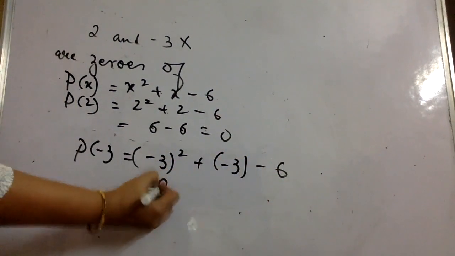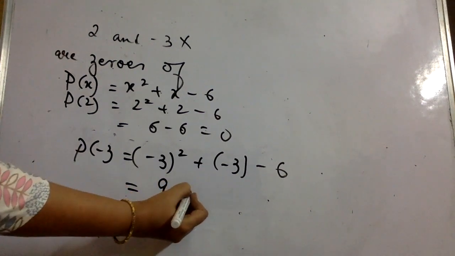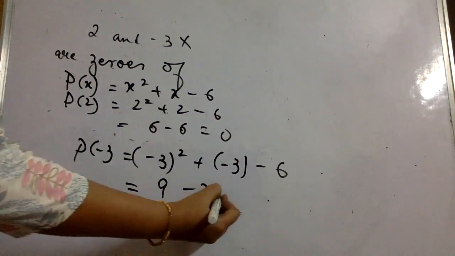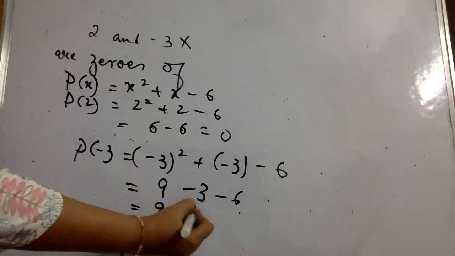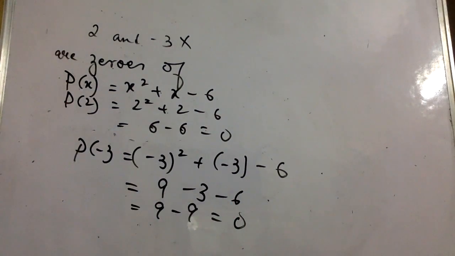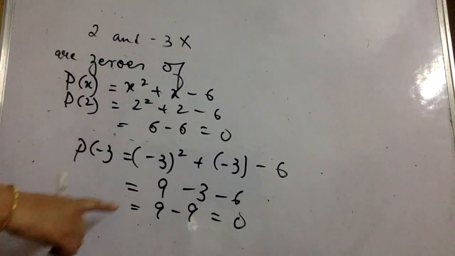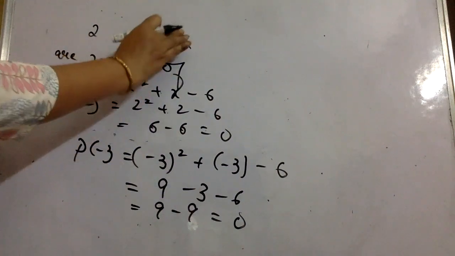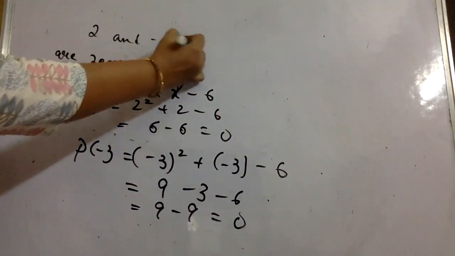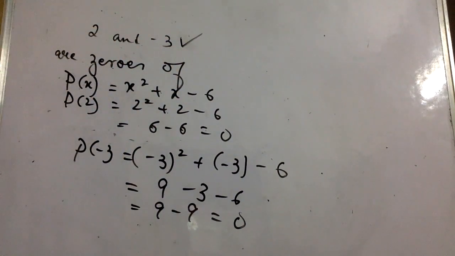This is 9 minus 3 minus 6, which is 9 minus 9, which is a 0. So clearly even this one is a 0 of this polynomial, as the final answer we have got it as a 0.